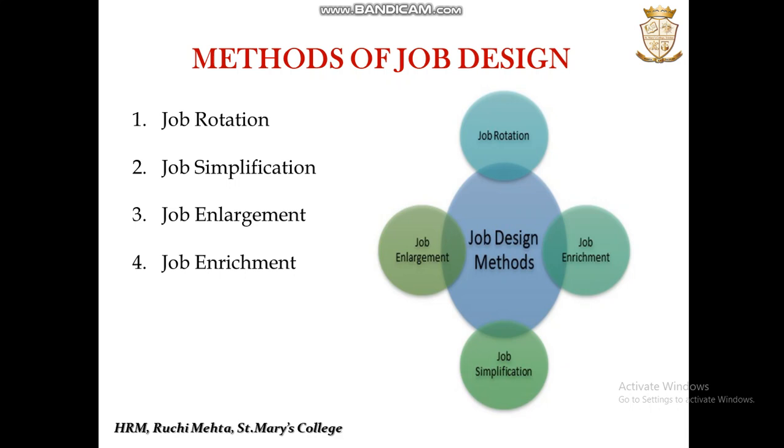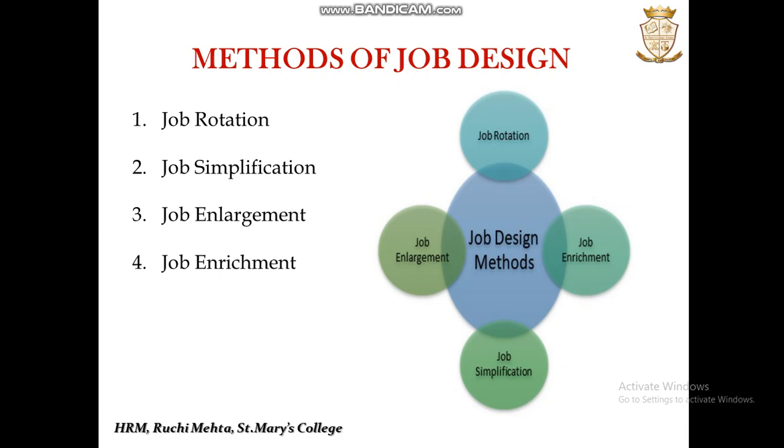Then the third one is job enlargement. This is the total opposite of job simplification. In job enlargement, a new or additional job is added to the existing job. For an employee, additional work is added. That is, more tasks or more duties are added to a job for widening the scope of the job.